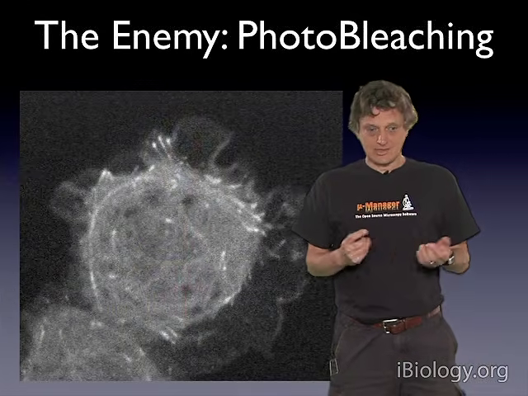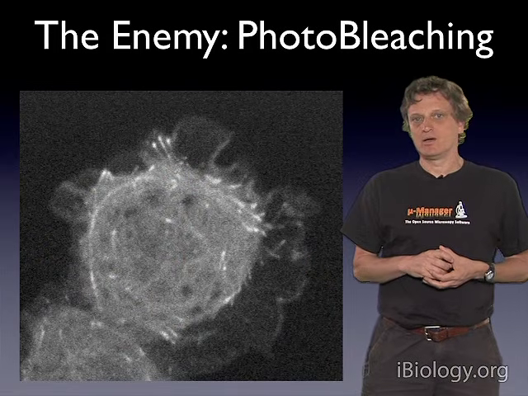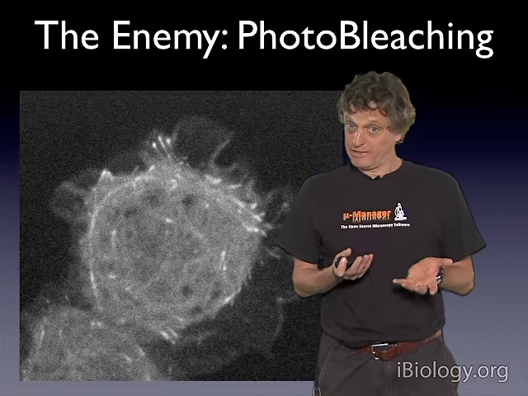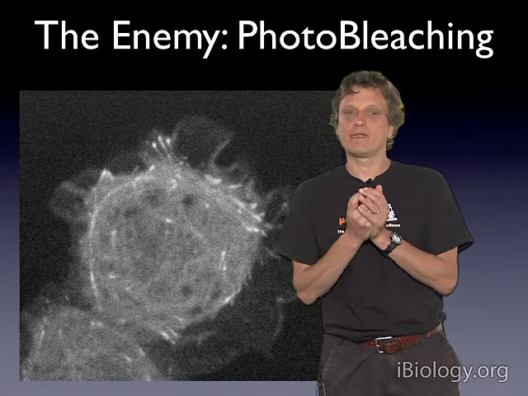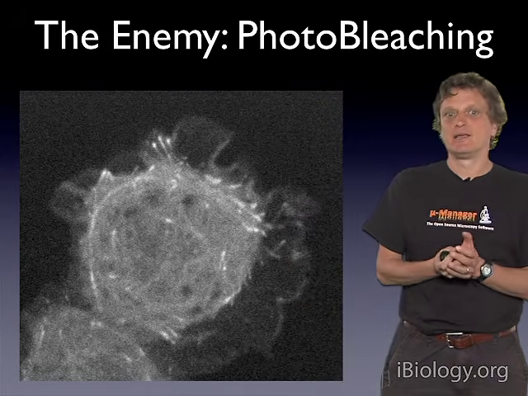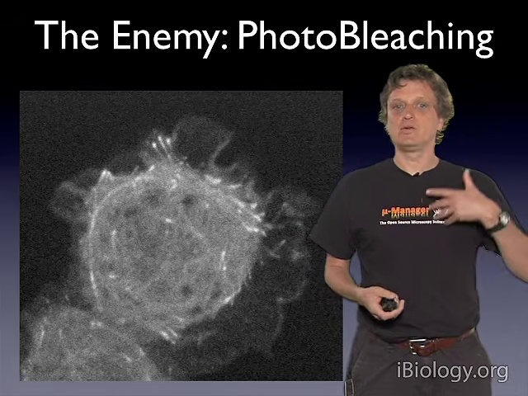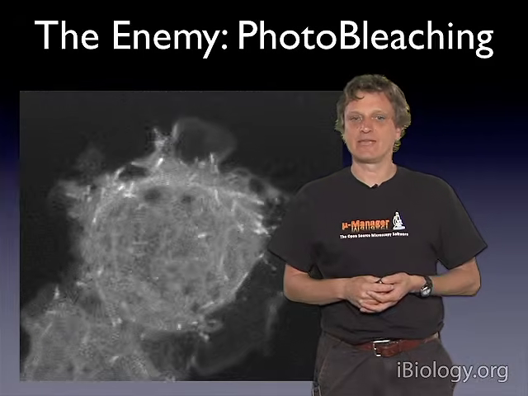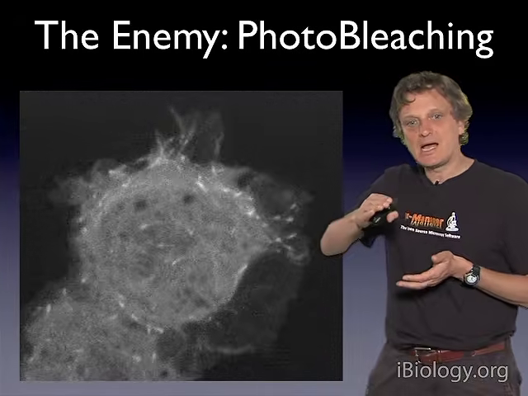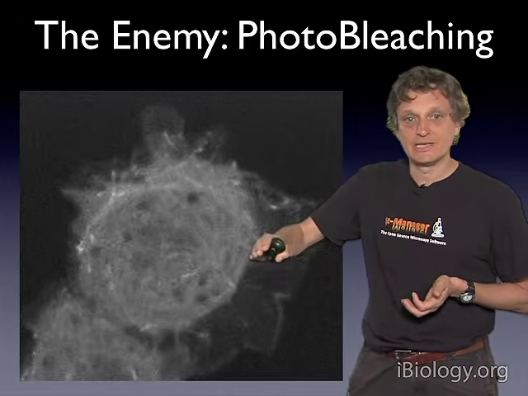One practical aspect that you need to be aware of is photobleaching. So fluorescent dyes don't last forever. They only have so many cycles that they can go through, and over time their fluorescence tends to bleach out.